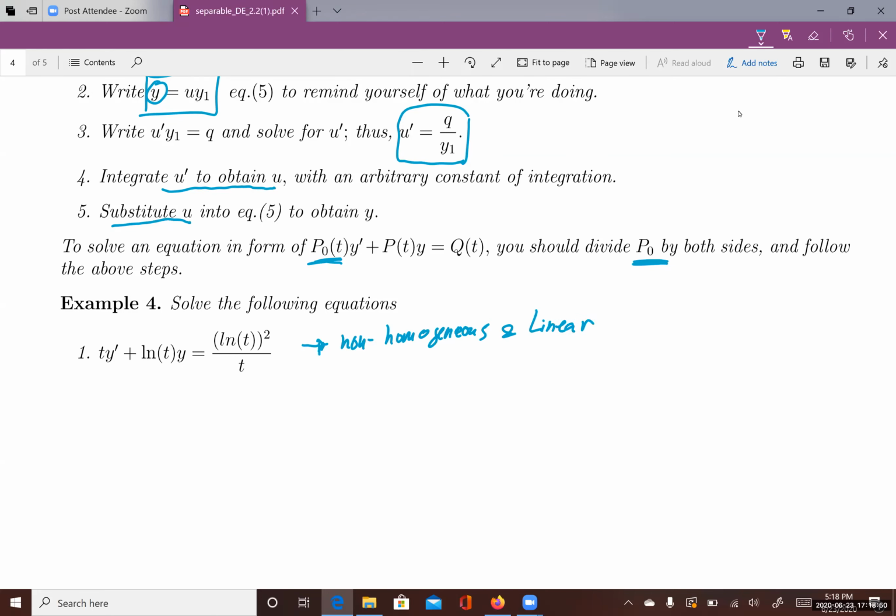So first we want to find y1 as the solution to t y prime plus ln t times y equals 0.